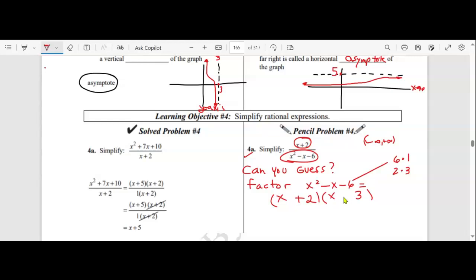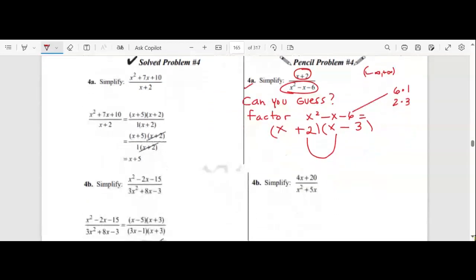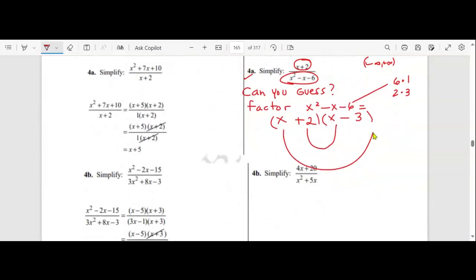Now to check your answer, what do you do? They give you 2x and negative 3x, which gives negative x. Do you have negative x? Yes, here. Then check the last one: multiply the last one times the last one. Does it give you negative 6? Yes, so your answer is correct.